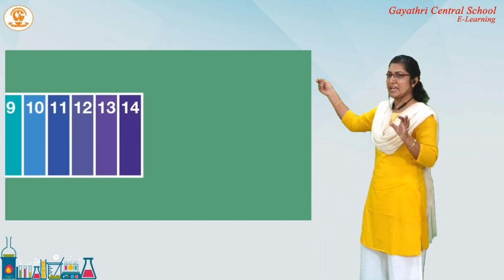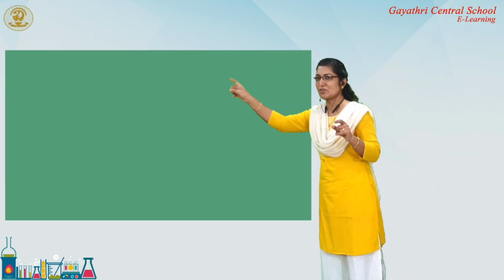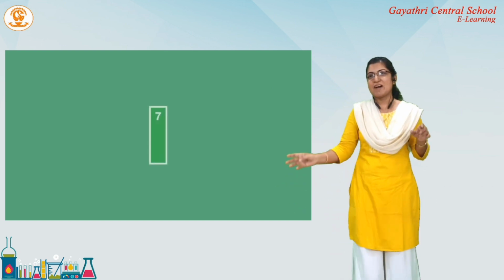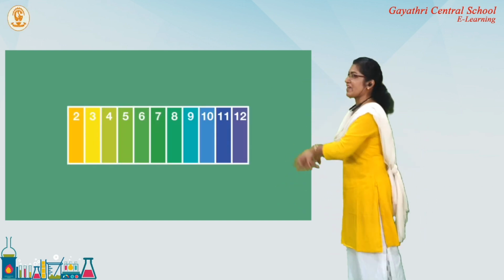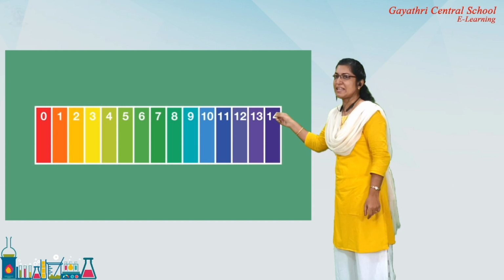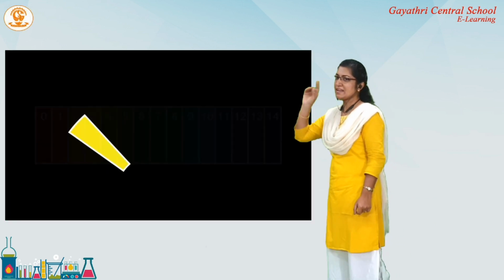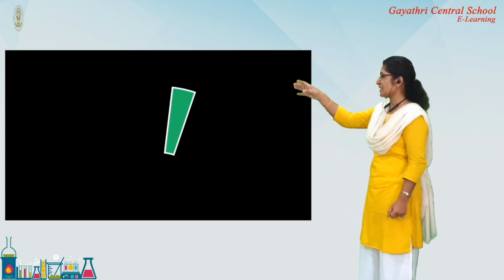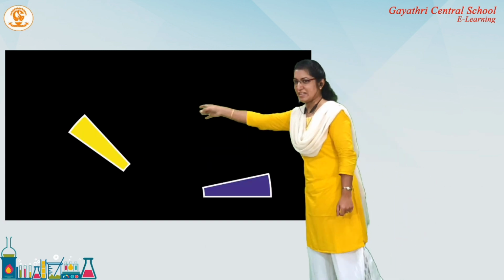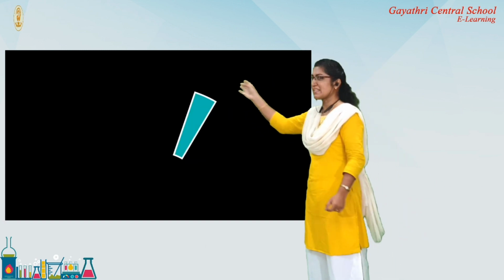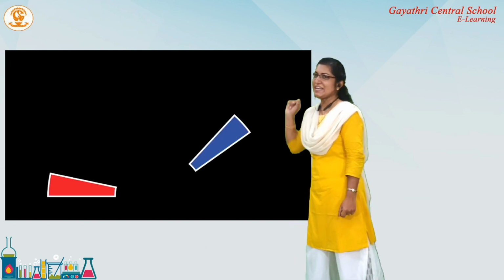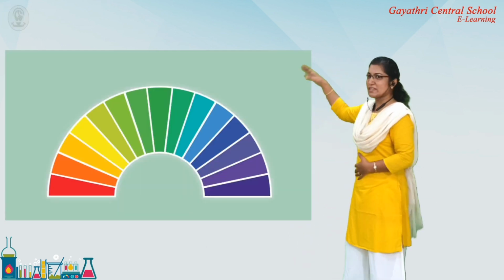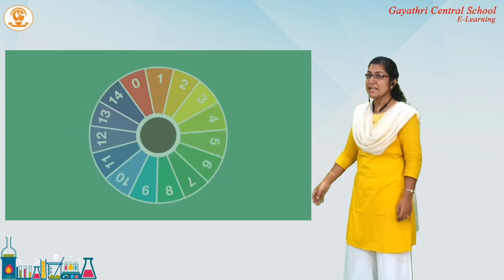Now, if the value is 7 and the color there is green, at that time it is neutral in nature, isn't it? And if the pH is less than 7, then it will be what in nature? Acidic in nature. Yes. And if it is more than 7, it will be basic in nature.